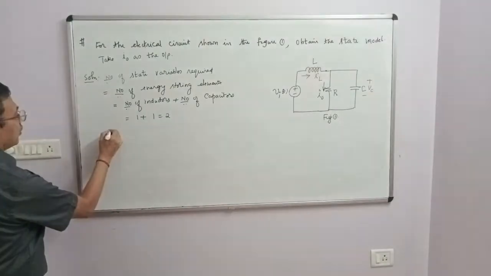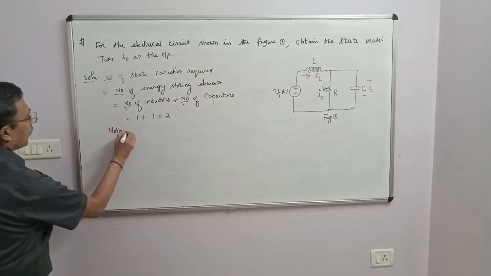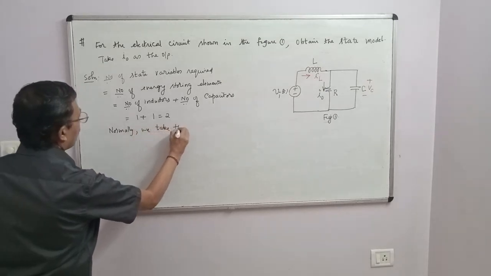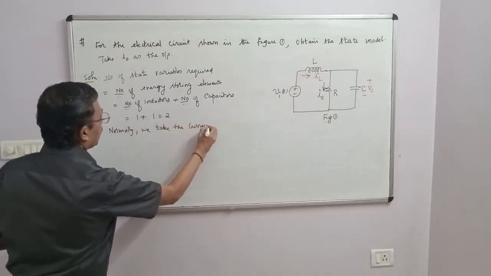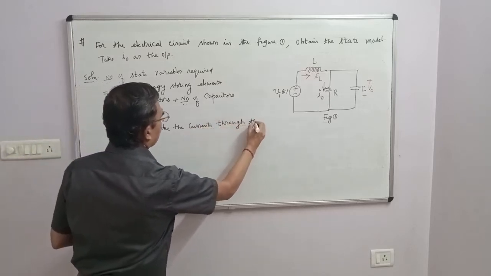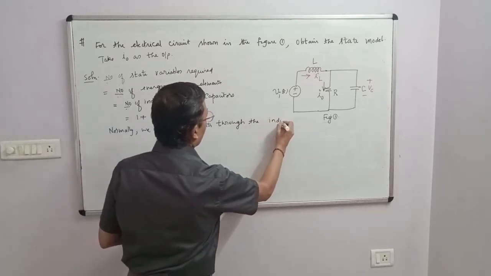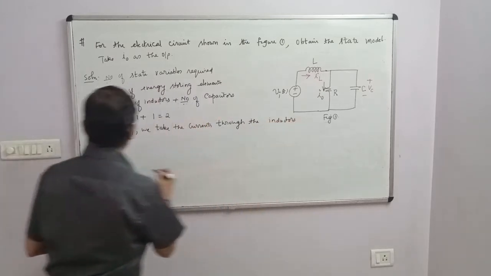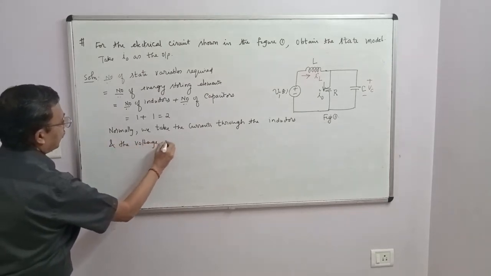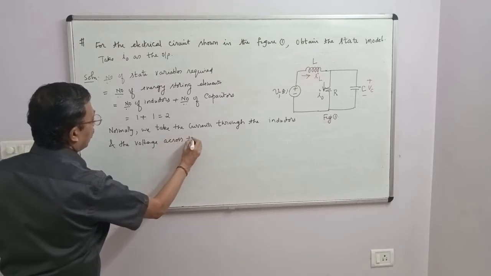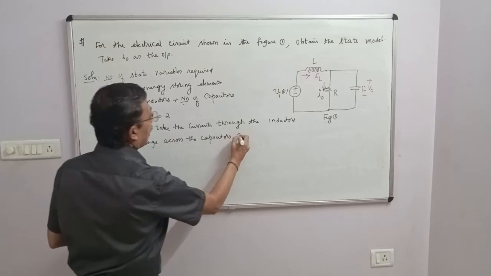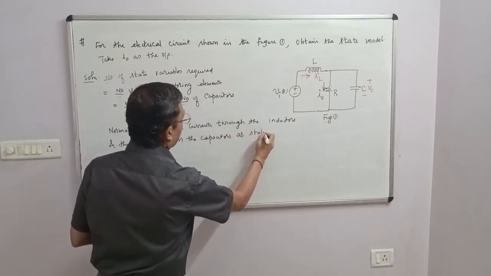I am going to write that. Normally we take the currents through the inductors, and the voltages across the capacitors, as state variables.